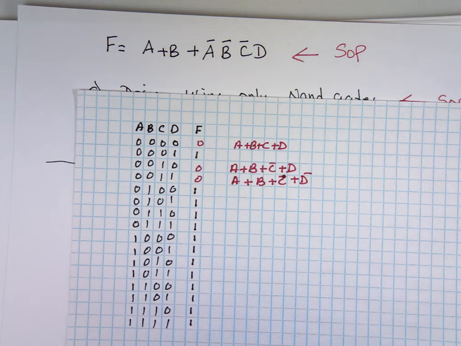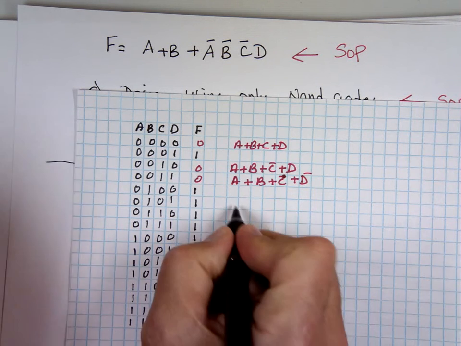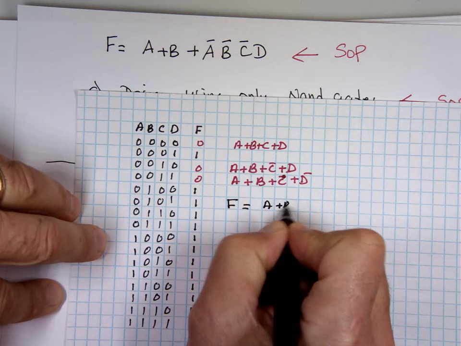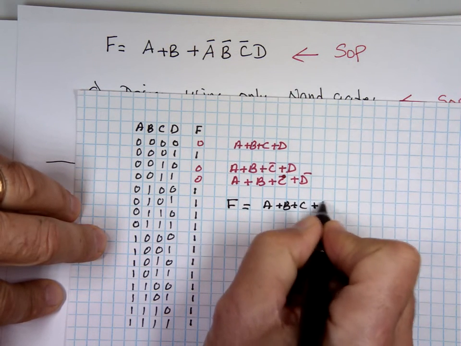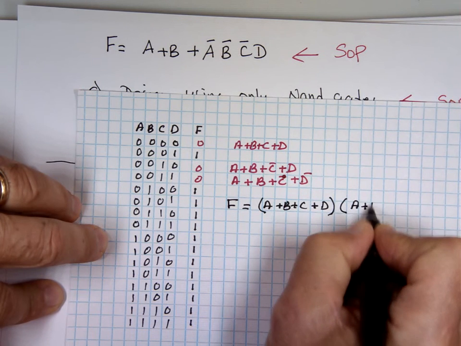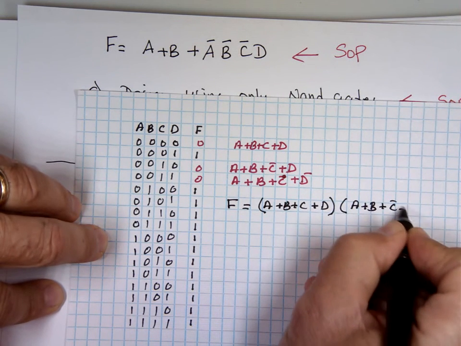So I can write the F now as A plus B plus C plus D, A plus B plus C bar plus D. And notice these two I can simplify, right?